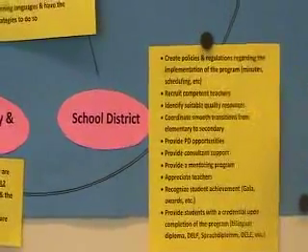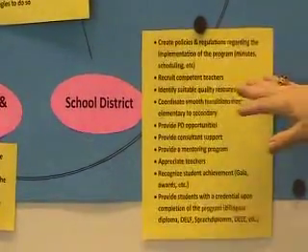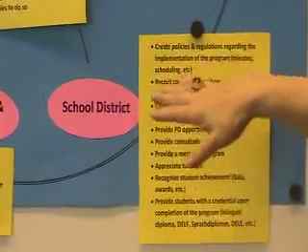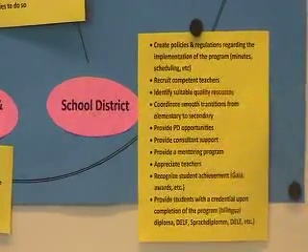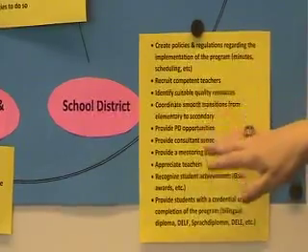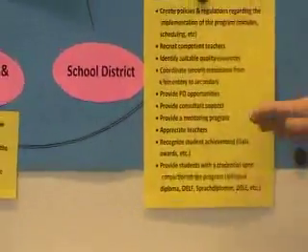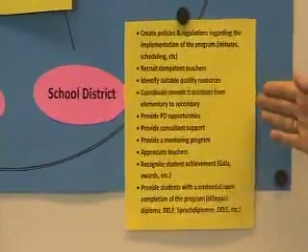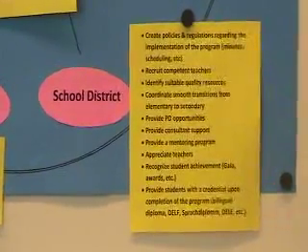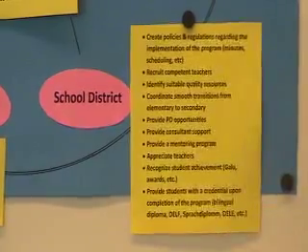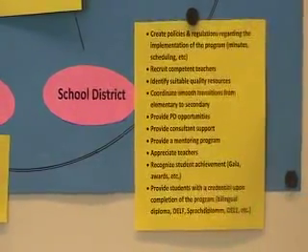They'll decide how many minutes the language should be taught and how it should be scheduled. It's the school district's responsibility to recruit competent teachers. It's also the school district's responsibility to ensure that there are quality resources for the teachers to use. The school district should ensure that there are smooth transitions from elementary to senior school.